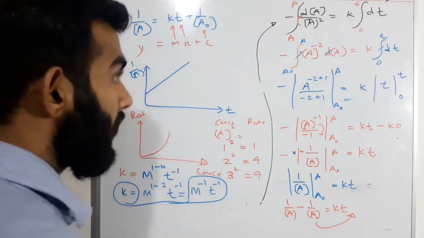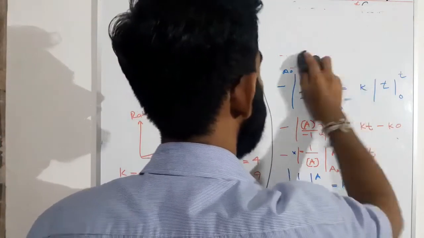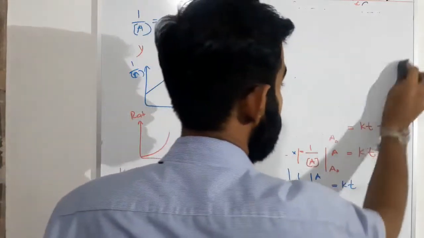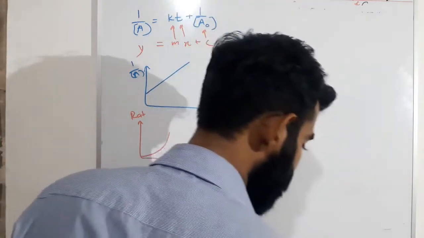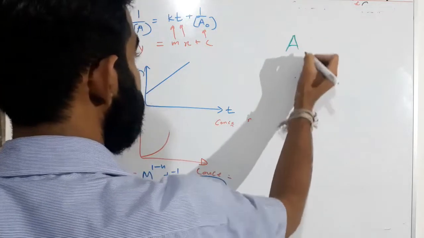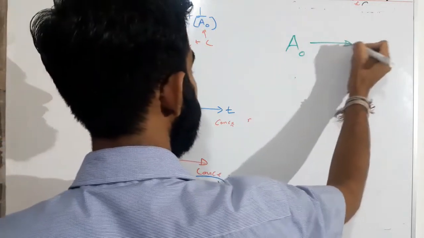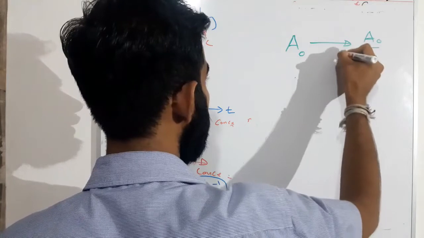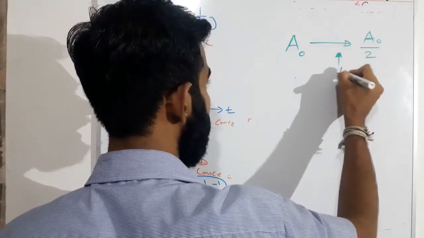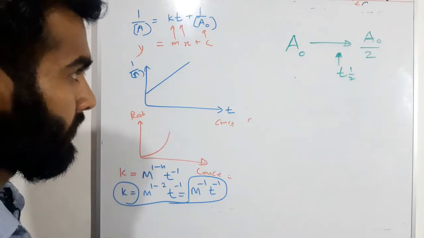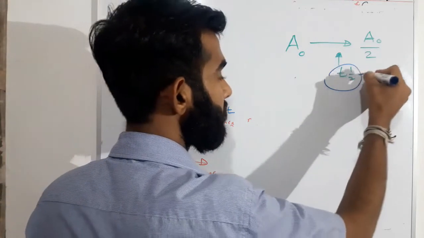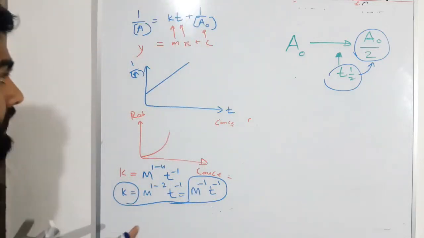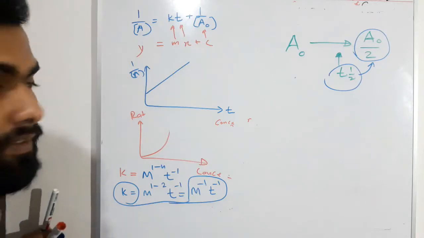Okay, let's move on to the half-life calculations. Now it is very easy for you, I know that. What is half-life? Here, the initial concentration is A naught. After some time, the final concentration will be half of the initial concentration. At that time we call the time spent t half. At t half, the concentration will be A naught divided by 2. That's the final concentration. We can substitute that into our integral form of this second order reaction.